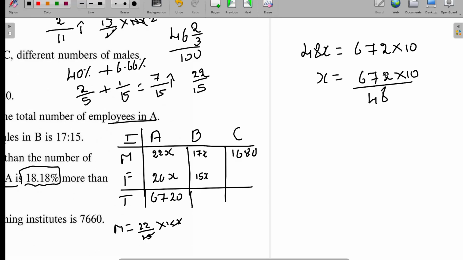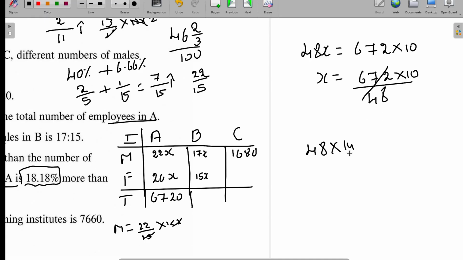You can cancel with 4 ones or 12 ones or 2 ones or whatever, but I try to guess. It is 8, it will be 4, because if I multiply 8 with 4, then I will get 2. Then answer will be 4 or 14 or 24 or 34. 48 tens are 480, it is more than 10. Then it will be 14. Okay, then definitely it will be 14.